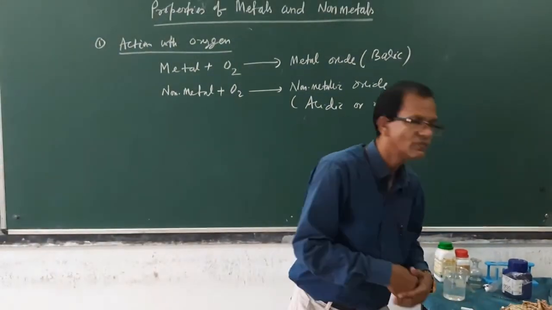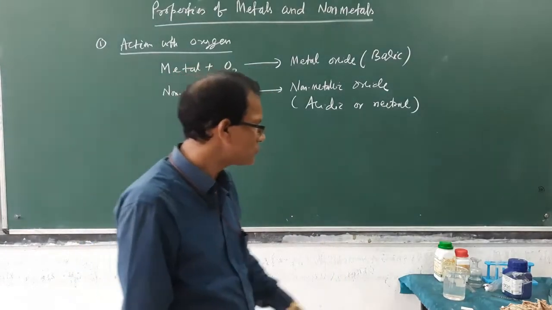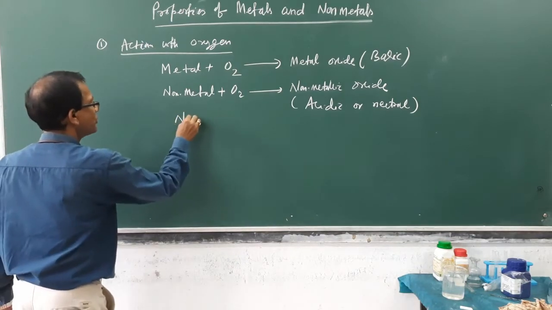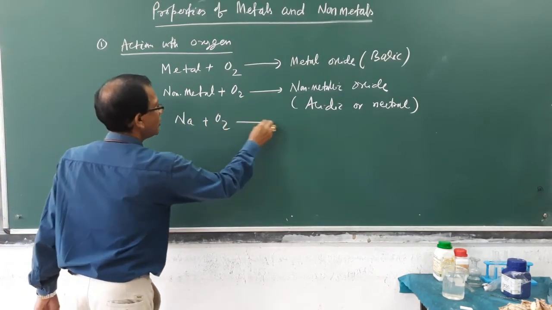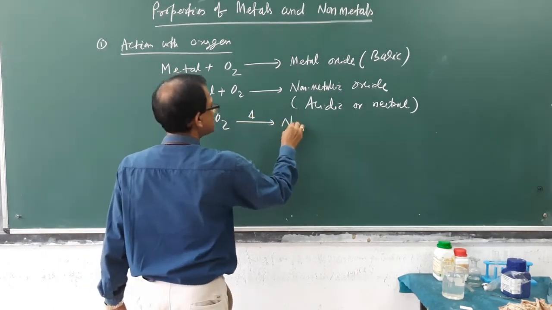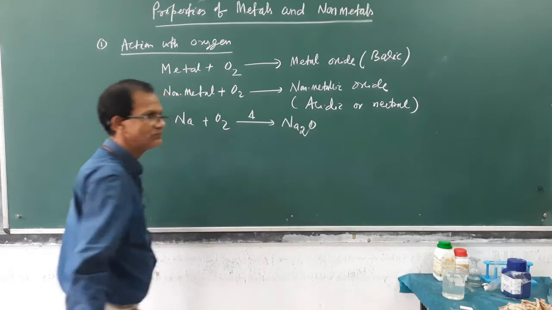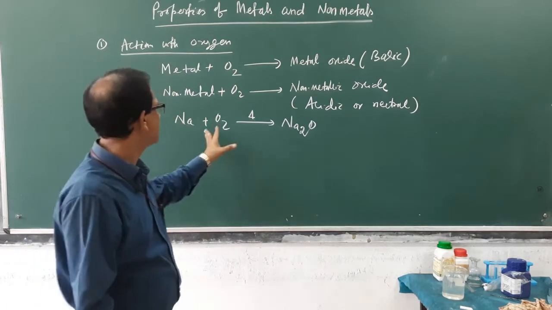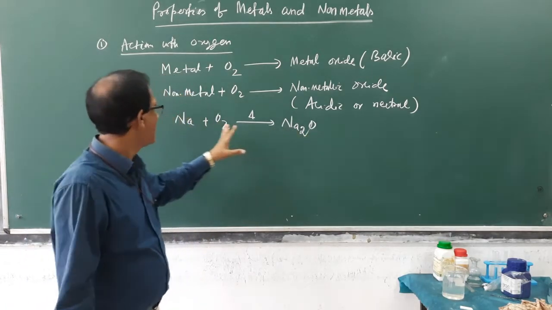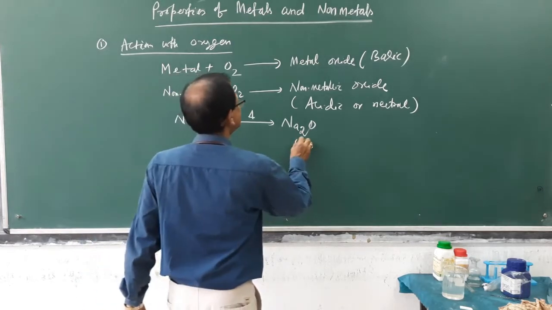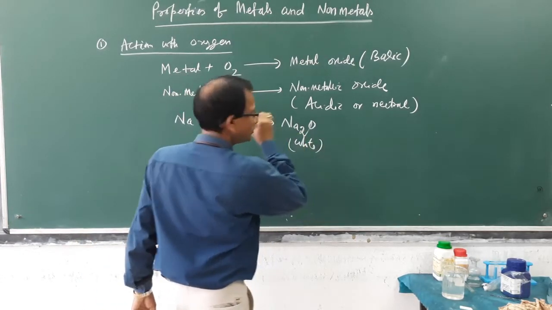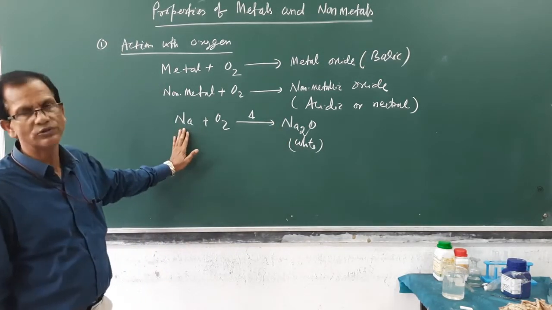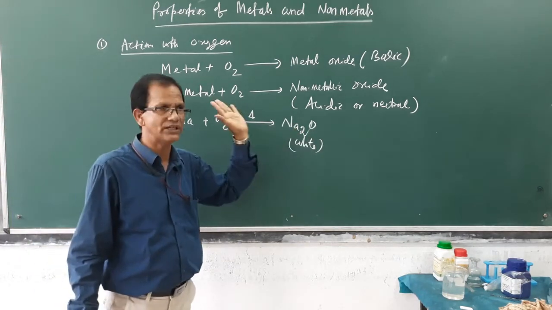Burning of sodium metal. As sodium is very reactive towards oxygen, what happens? Sodium with oxygen on heating produces sodium oxide and it burns with a yellow flame. The yellow flame is observed due to the formation of sodium oxide, and that sodium oxide is white. Sodium burns with a yellow flame and produces white sodium oxide.